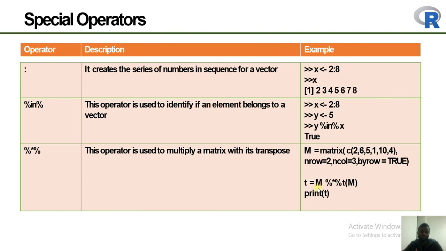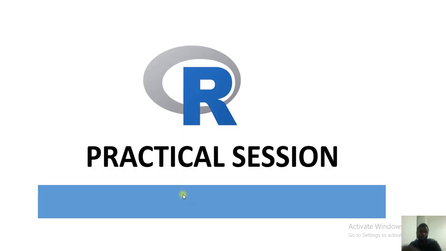And so when you multiply this, sometimes it could change the dimension of the matrix. So we would go to the practical section right now, and that would be in the next video.